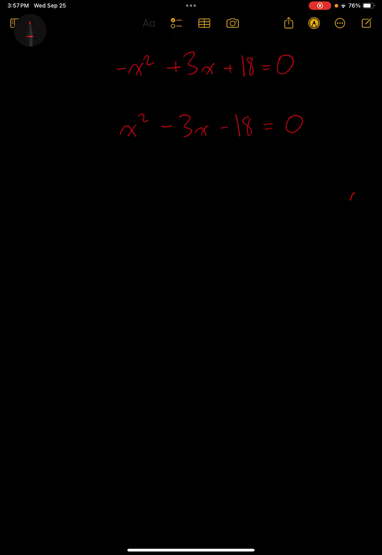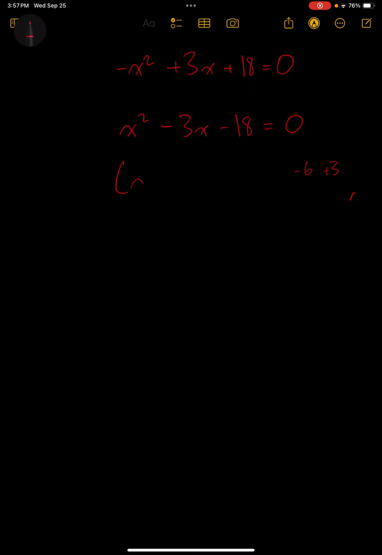I could find the discriminant, but it seems like I can factor this pretty easily, because 6 and 3 make 18, and minus 6 plus 3 is equal to minus 3. So it looks like I found two numbers that multiply to negative 18 and add to negative 3.